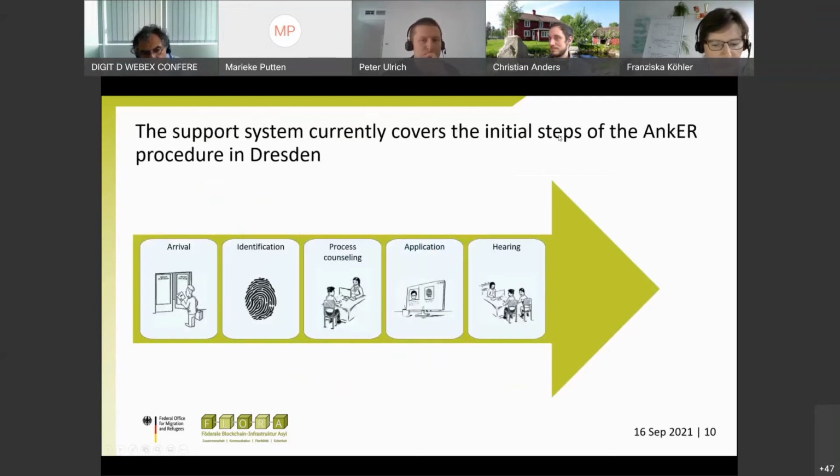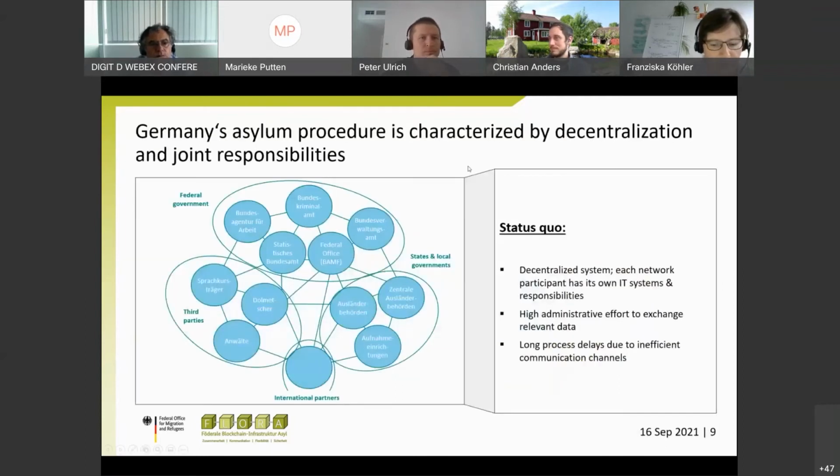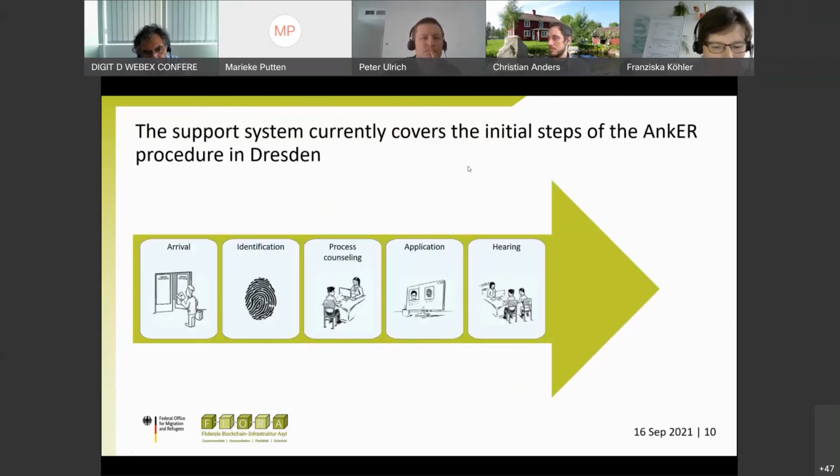Our goal is to implement applications to support exactly this coordination of the interagency processes. And on the next slide, I will begin by running through the specific procedure at the Anke facility Dresden. There is our project located.